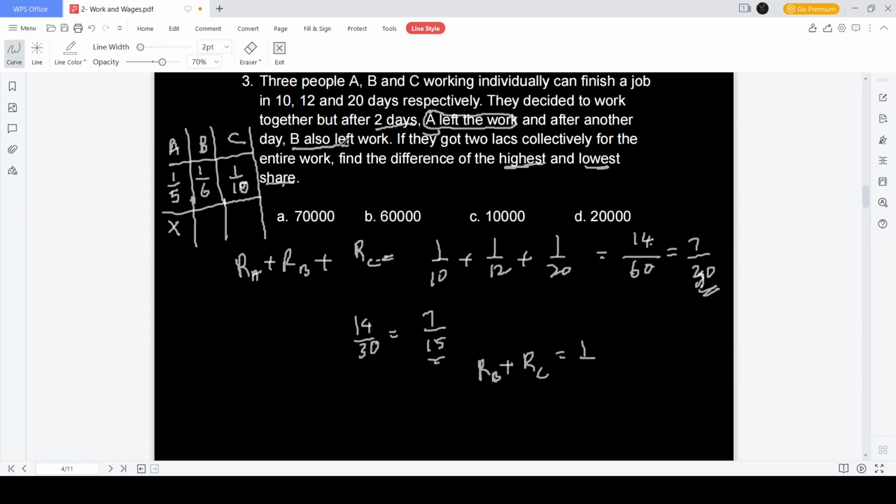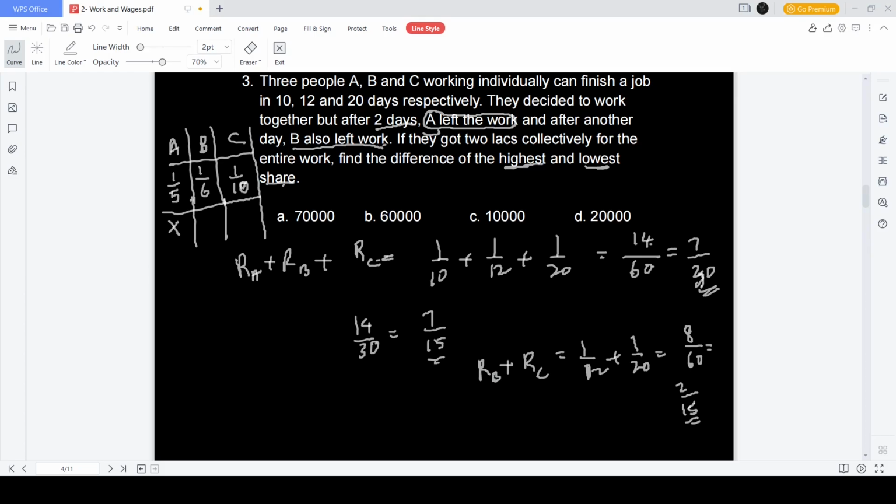So they work only for one day together, B and C. So that becomes 1 by 12 plus 1 by 20. That is nothing but 5 plus 3 is 8 by 60, which is 2 by 15. So on the third day, B and C do 2 by 15th of the job.